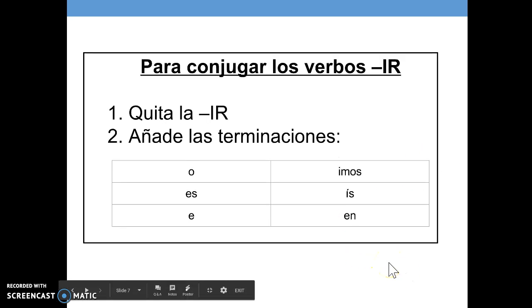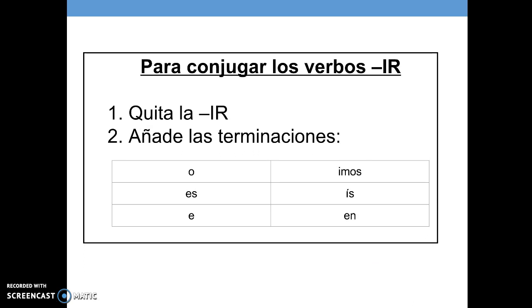You'll notice that endings for IR verbs are similar to endings for ER verbs. You need to get rid of the IR or quita la IR and then add the endings o, es, e, imos, ís, and en.